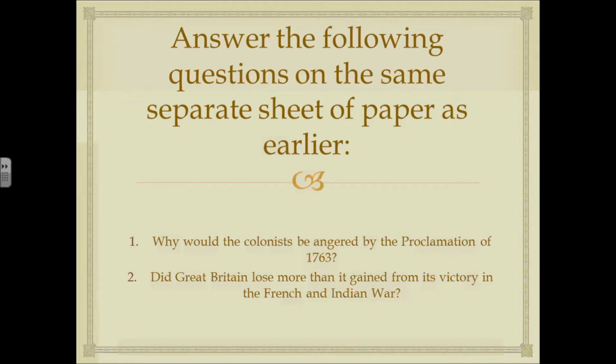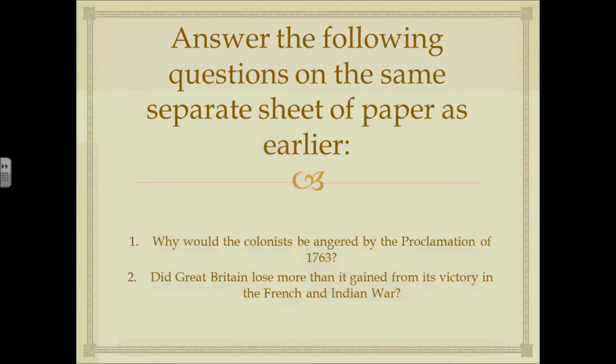Disease was what wiped out Native Americans when Columbus arrived, when other explorers arrived, and the British knew that tactic would work. Native Americans didn't have the immunities to things like smallpox like the British did. And of course, it worked.